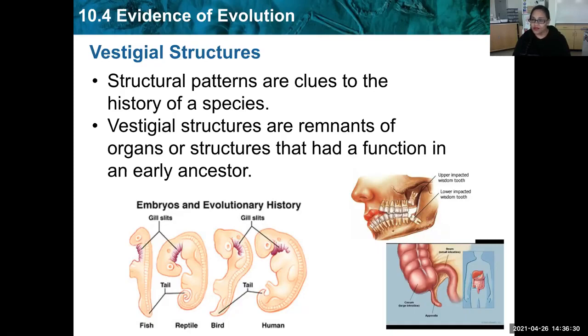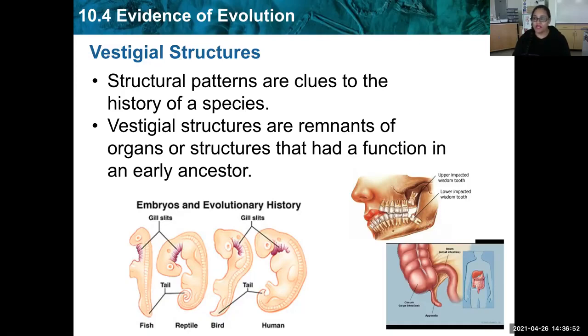Wisdom teeth, those are vestigial structures. We don't need that many teeth anymore. Some people are evolving wisdom teeth out. I only had 2 wisdom teeth. I know people who only have 1 wisdom tooth. So that structure is going away completely in humans. And then our appendix.